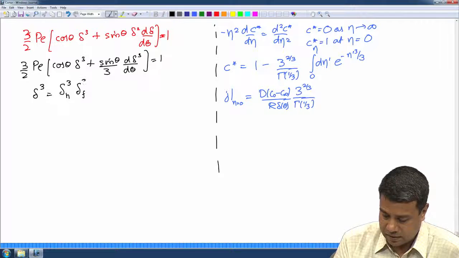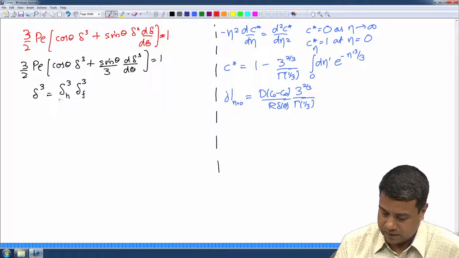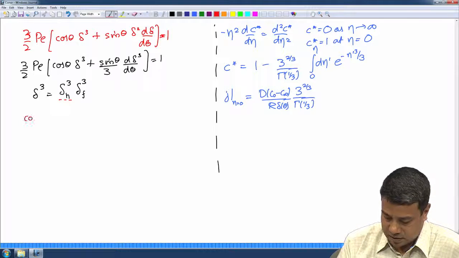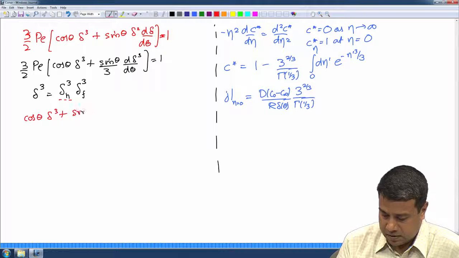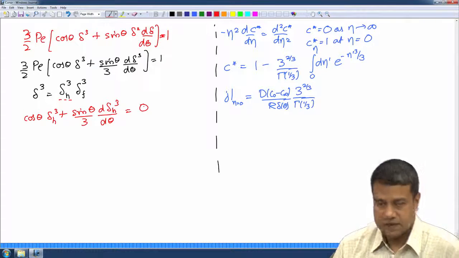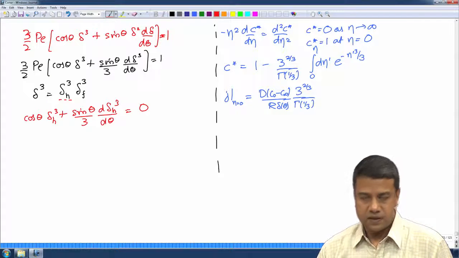This homogeneous part satisfies the homogeneous equation, that is cos theta delta cubed plus sin theta by 3, the homogeneous part, d delta h cubed by d theta is equal to 0. It satisfies the homogeneous equation. This I can solve.